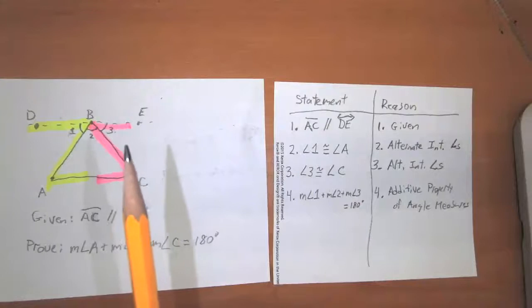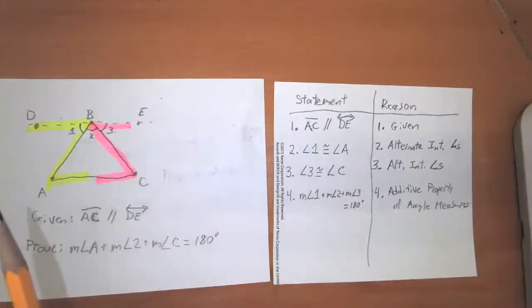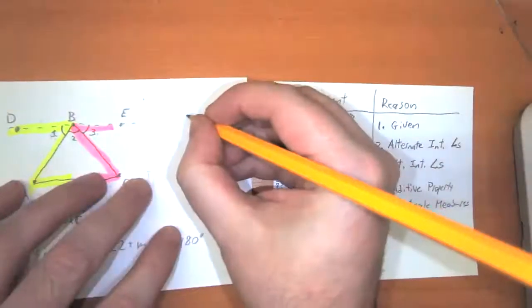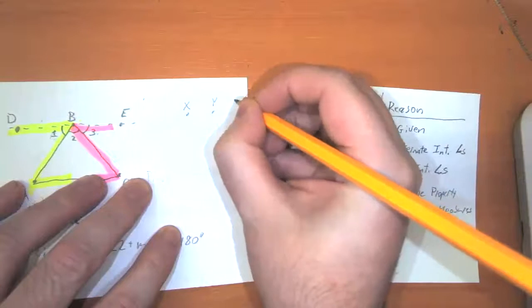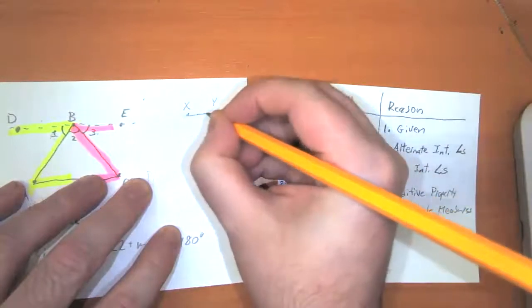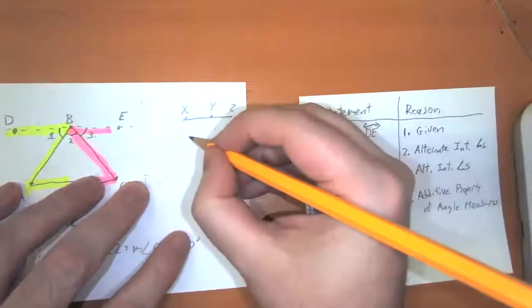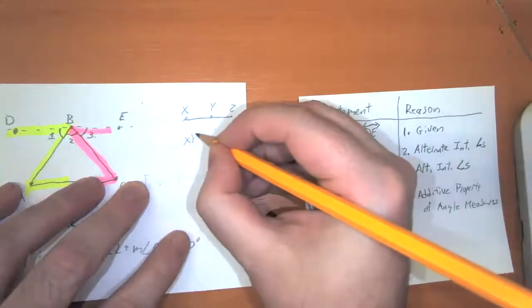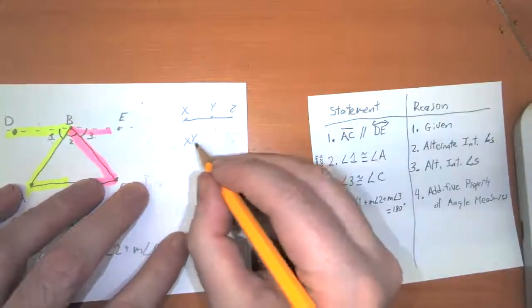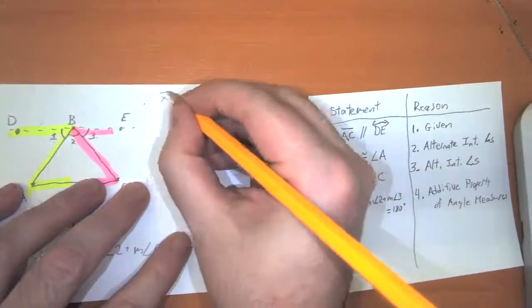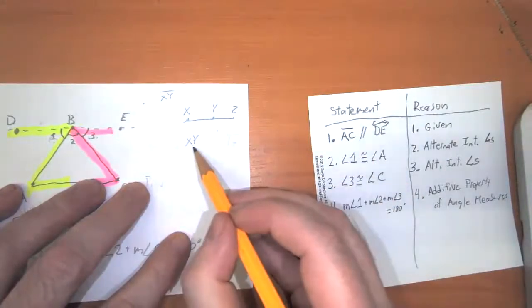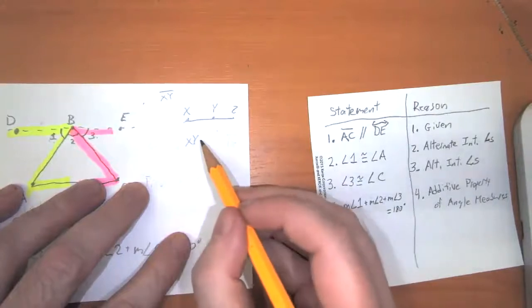You'll also see when you do proofs the additive property of side lengths. So if I had, just as a separate proof, if I said that XY, remember when I draw XY with a bar, I'm talking about the line segment, but when I draw XY with nothing, I'm talking about the distance between these two points.